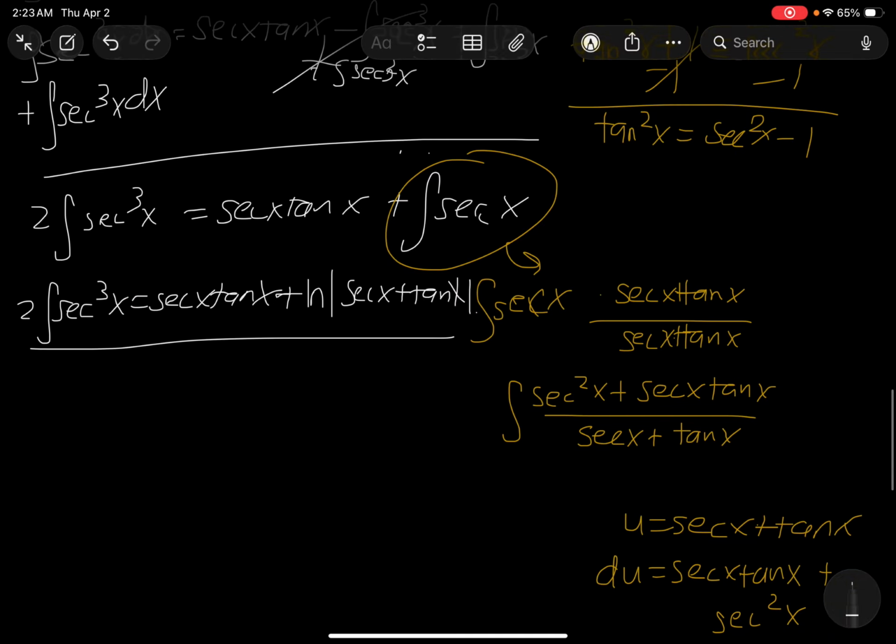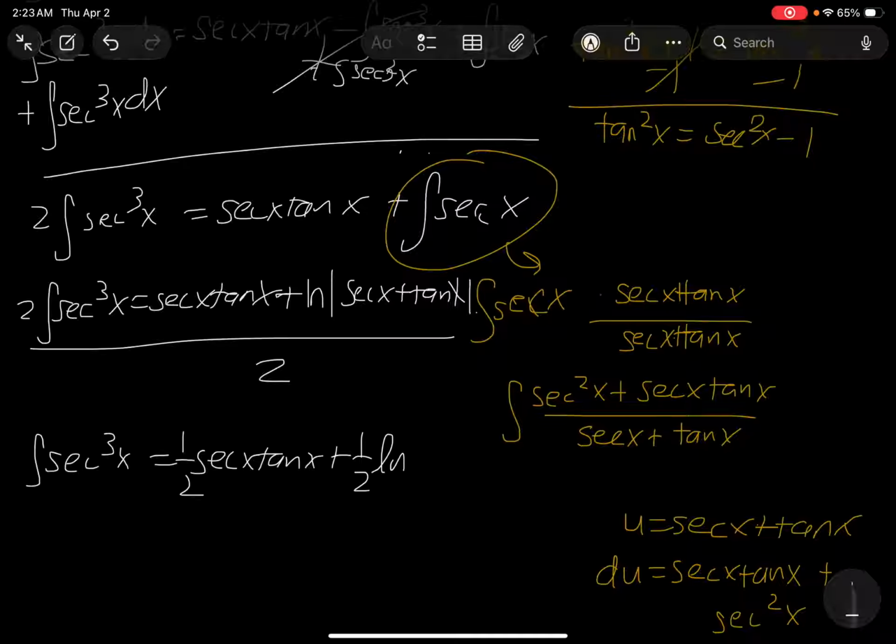And then we're going to divide everything by 2. So now our complete equation here is, the integral of secant cubed of x is equal to 1/2 secant of x tangent of x plus, oh, don't forget the 1/2, 1/2 ln of secant of x plus tangent of x plus c. And this concludes the video.